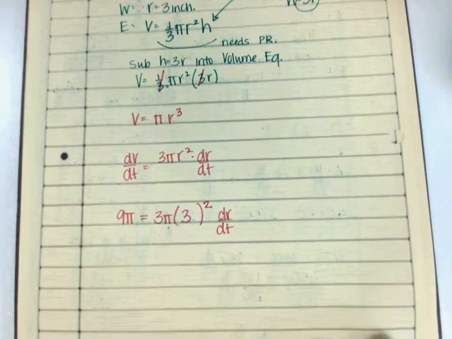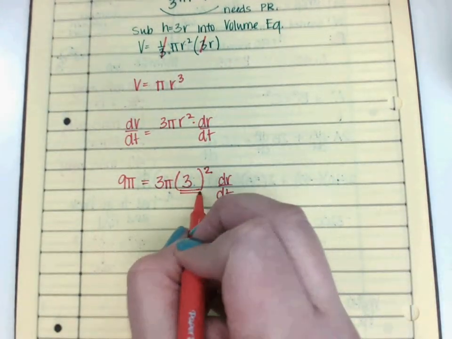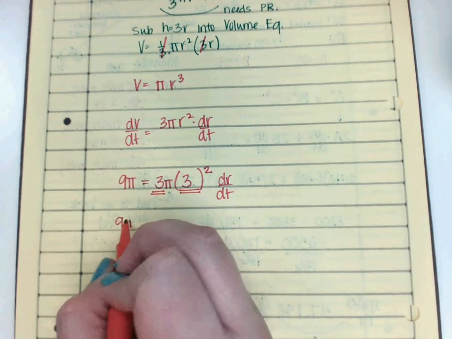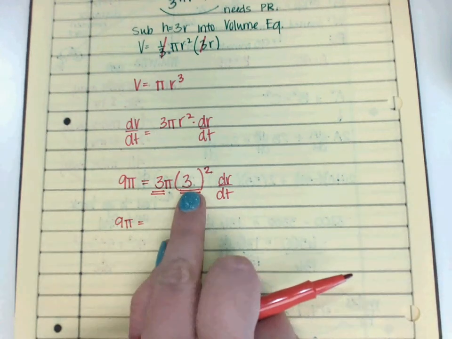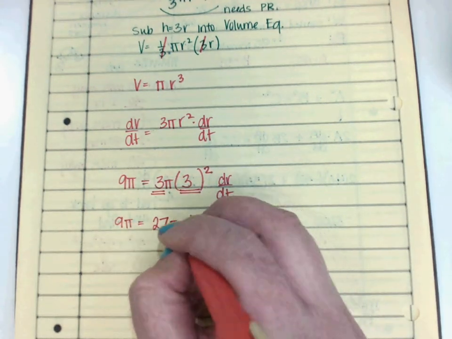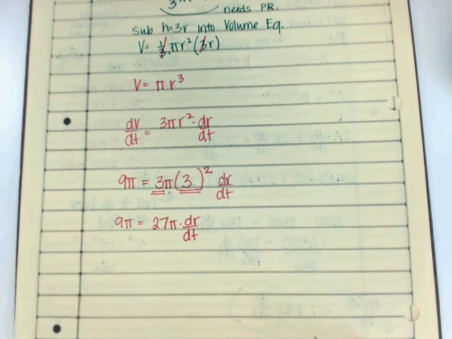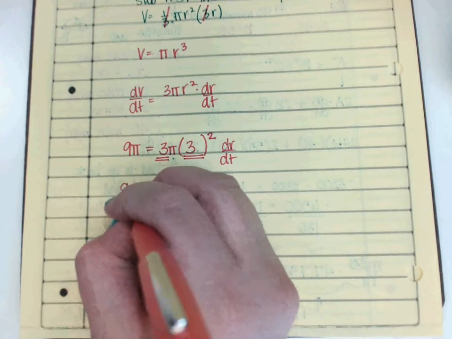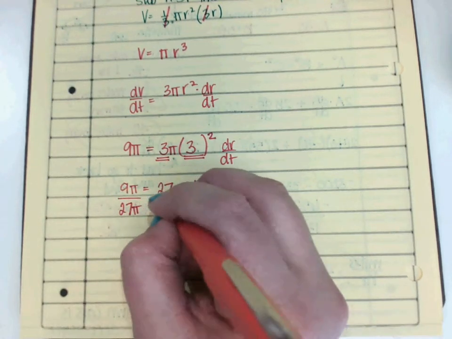What is 3 squared for this part? 9 times 3 more? 9 times 3 is 27 pi, and then what's my last step to solve for dr/dt? Divide the 27 pi to the bottom. So divide by 27 pi, divide by 27 pi.